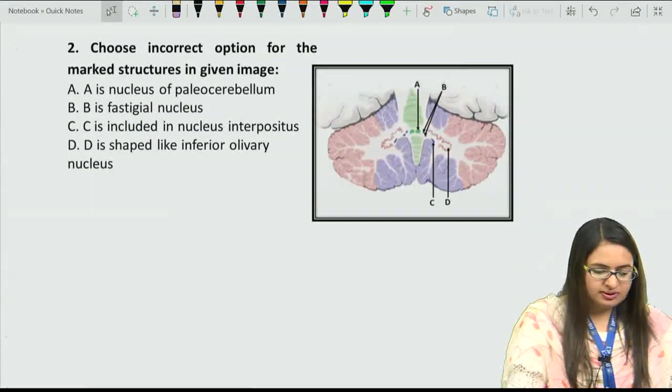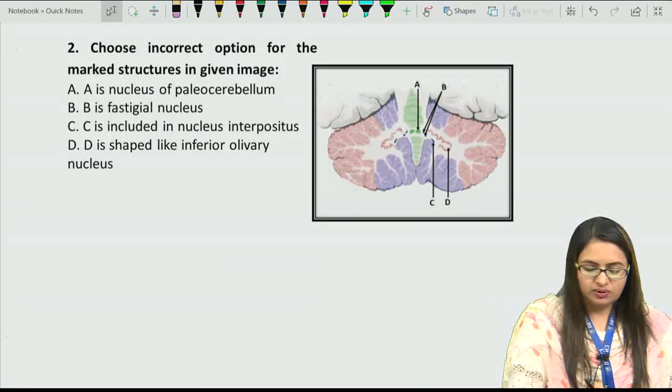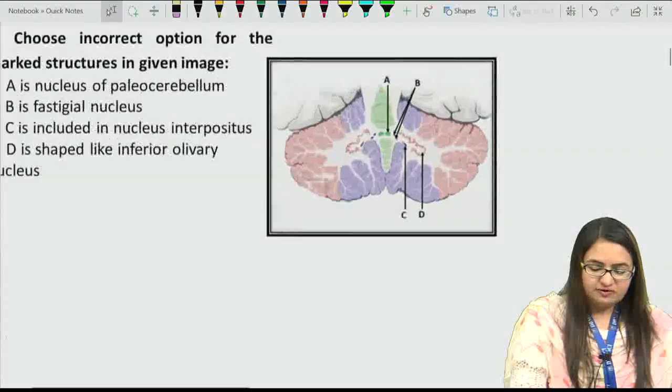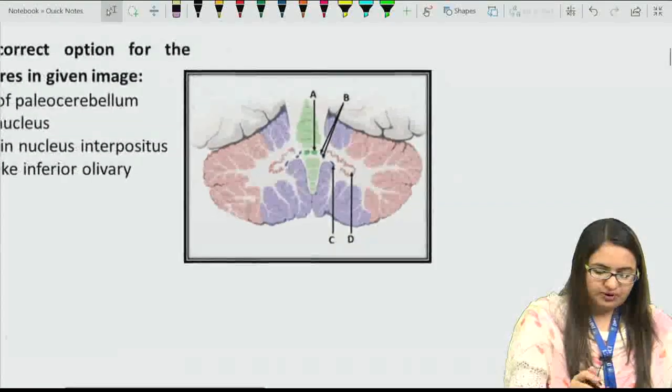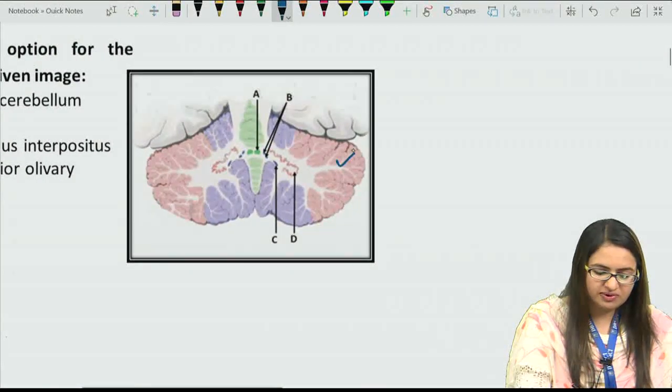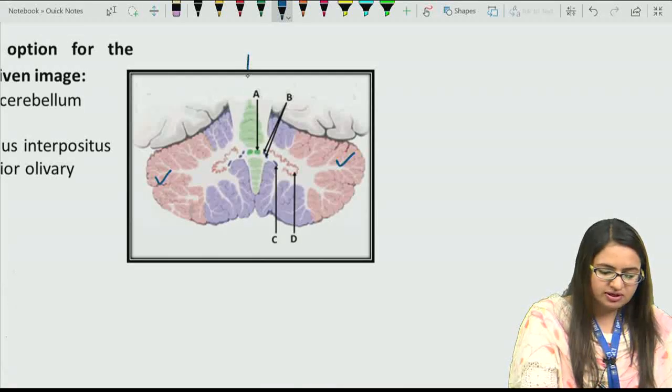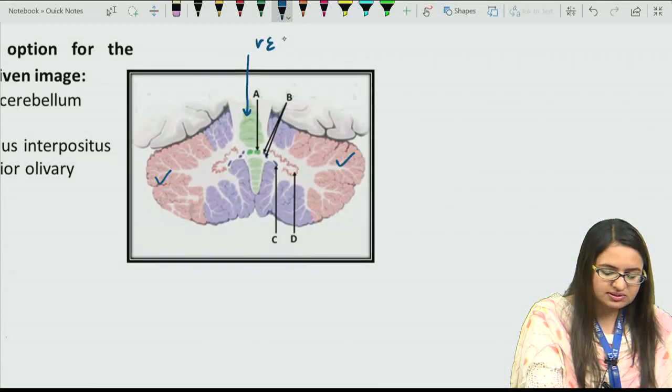Now in the next question we have this diagram which is showing the deep cerebellar nuclei. If we see the picture over here, these are the two cerebellar hemispheres, and in between, the green portion which has been shown is the vermis.